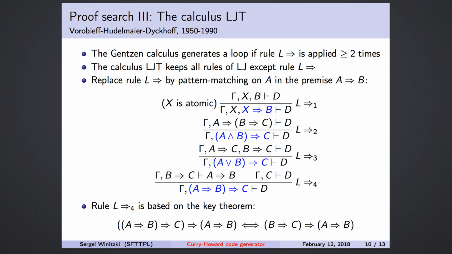But what I got is that it's based on this key theorem, which is an isomorphism between these two complicated implications, and that is where the B separated from C becomes not separated. So this is in the denominator here, and this is in the numerator here, denominator there. So this is the key theorem, which you can prove, and maybe that convinces you why this rule makes sense.